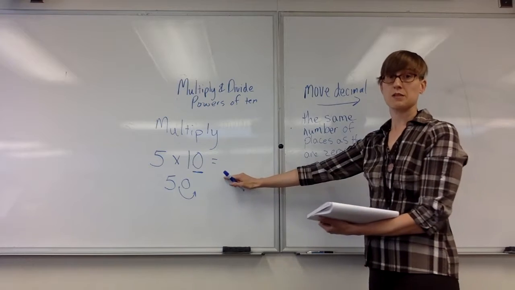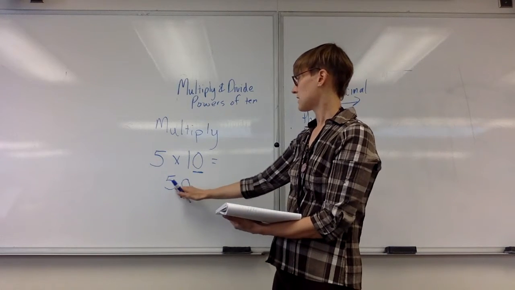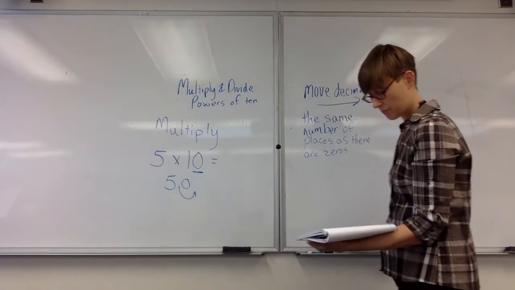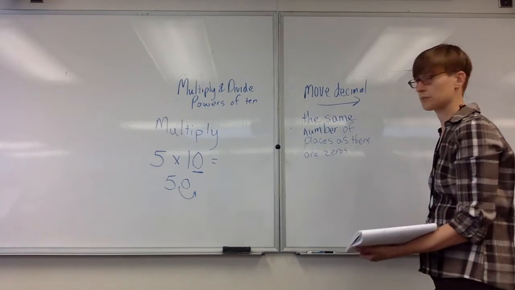So here, in this example, I had 1 zero, so I moved my decimal place 1 to the right. We're going to try a couple more right now.